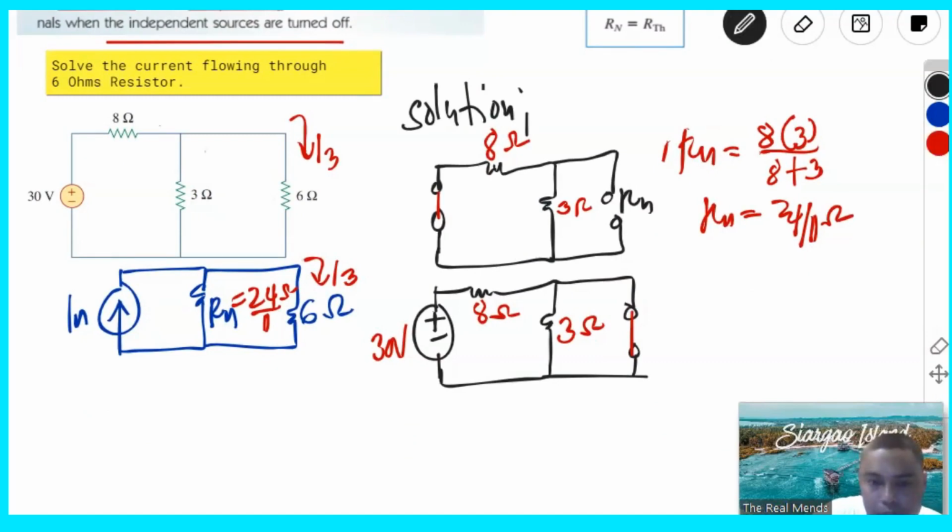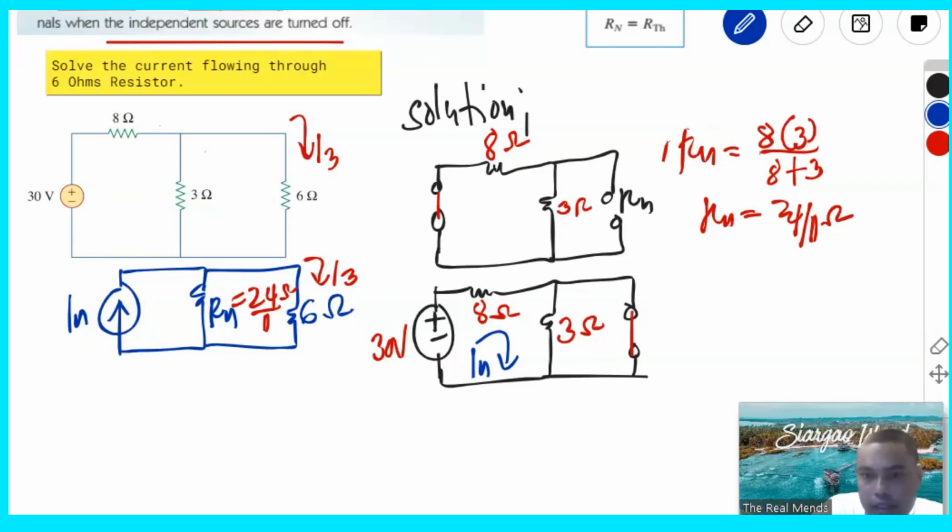Thus, the current from this junction is now 0. So it is a high current because you shorted the terminal. Therefore, the current value we get will be the IN.